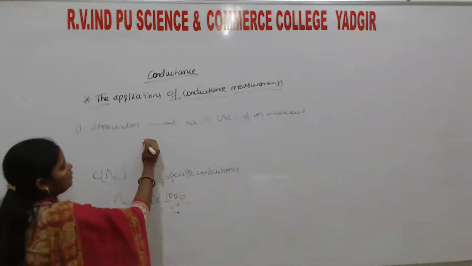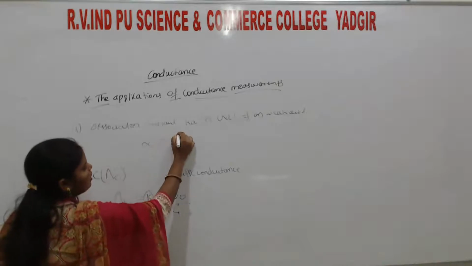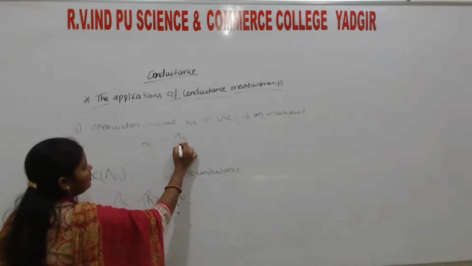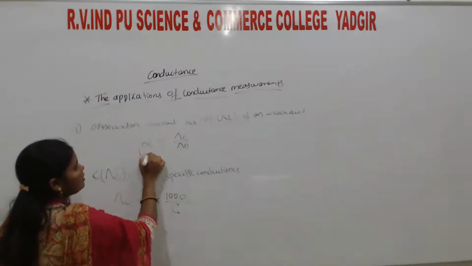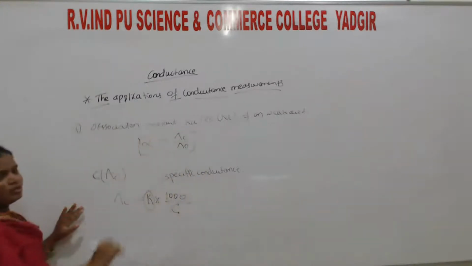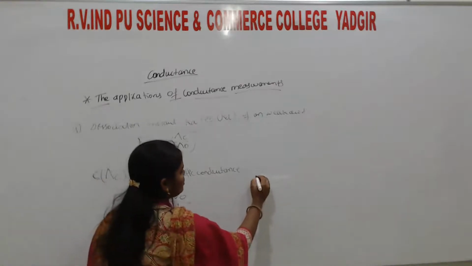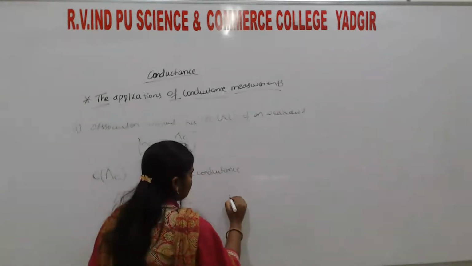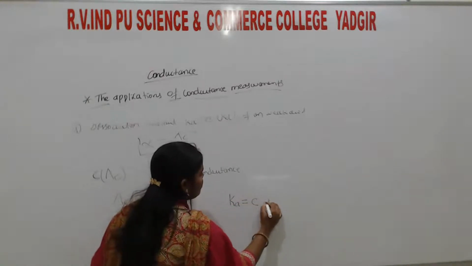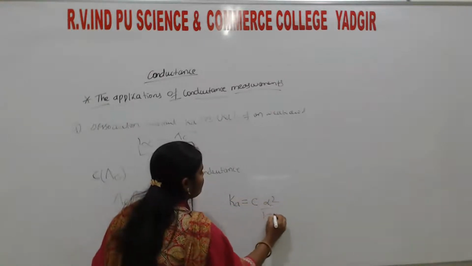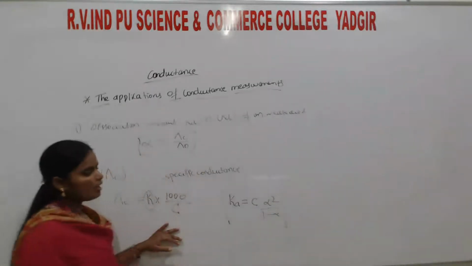Alpha is equal to lambda c divided by lambda naught. This is the degree of dissociation, and the dissociation constant is Ka is equal to C into alpha square divided by 1 minus alpha. This is the dissociation constant formula.